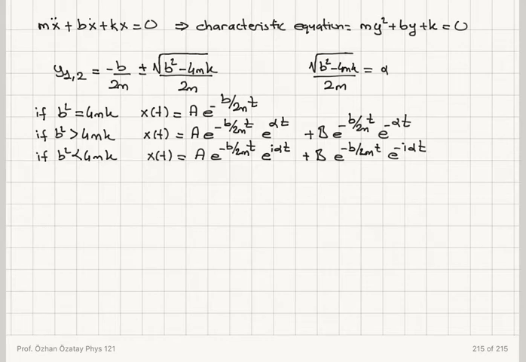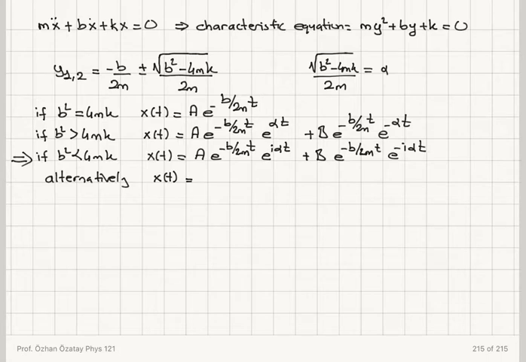So this last solution, this is the condition I'm going to look at first, can also be written using an initial phase in order to account for the initial conditions. Alternatively, I can introduce a phase constant phi here.